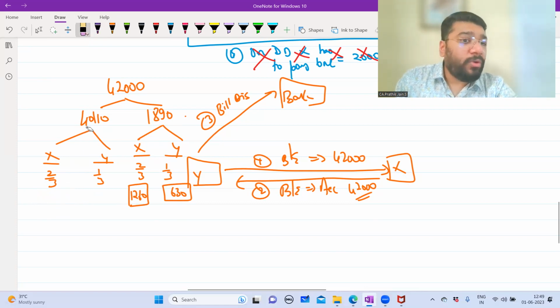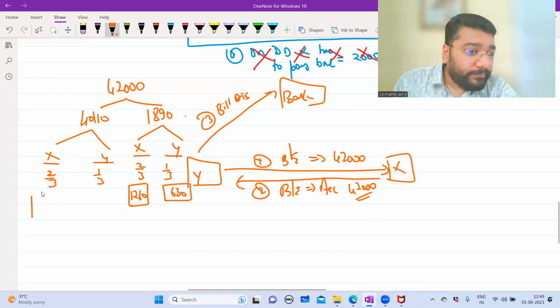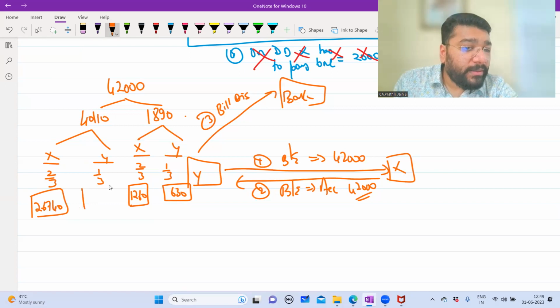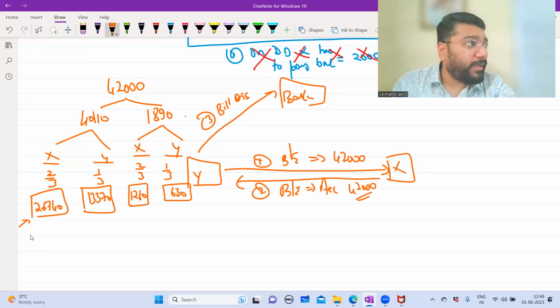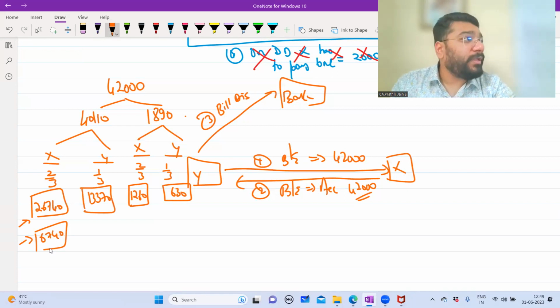As per this 2/3, 40,110 into 2 by 3 is how much? 26,740. And this is 13,370. So Y is supposed to pay X 26,740, but actually is paying how much? 6,740. So there's a shortfall of how much? 20,000 rupees.